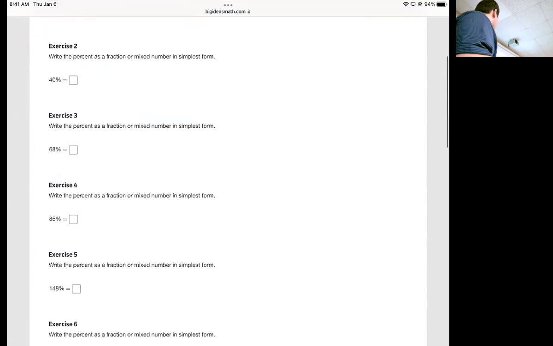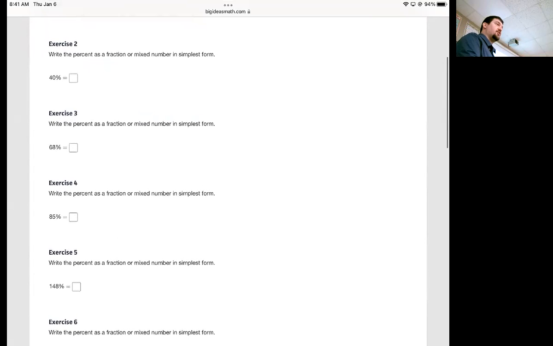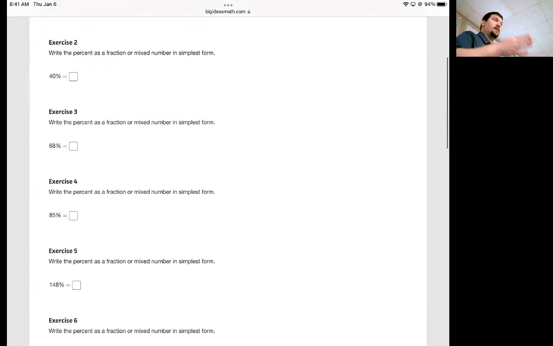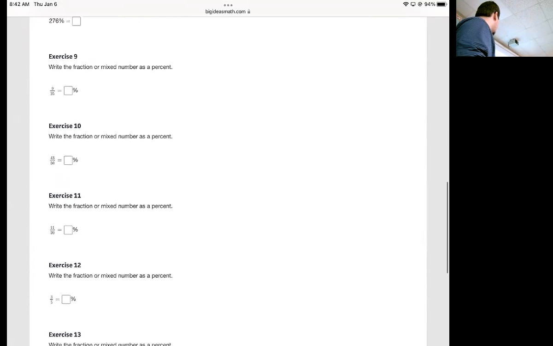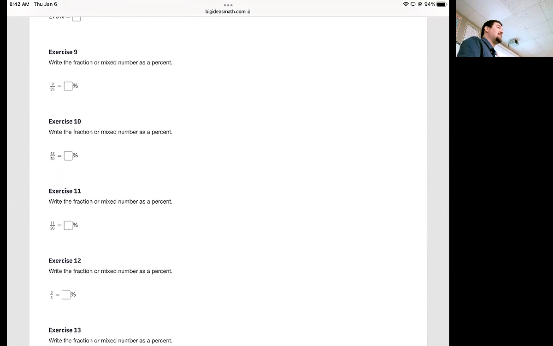So you probably want to turn it into a decimal first by moving the decimal backwards 2 spots and then write it over its place value. And then starting at number 9, it's going to give you a fraction and ask you to write it as a percent. I think these are the easiest because you turn a fraction to a decimal by doing division and then just slide it over mentally in your head. So you'll probably breeze through the last 8 questions because you don't have to reduce fractions. You just have to turn it to a decimal and then a percent.